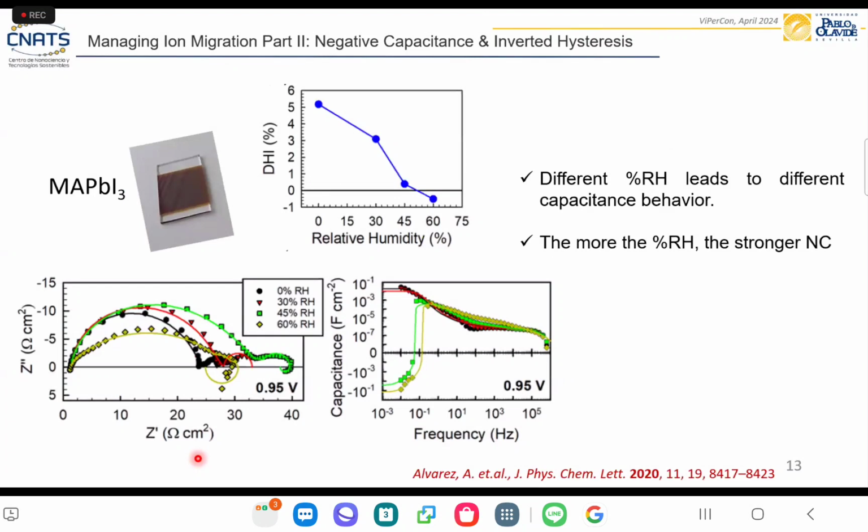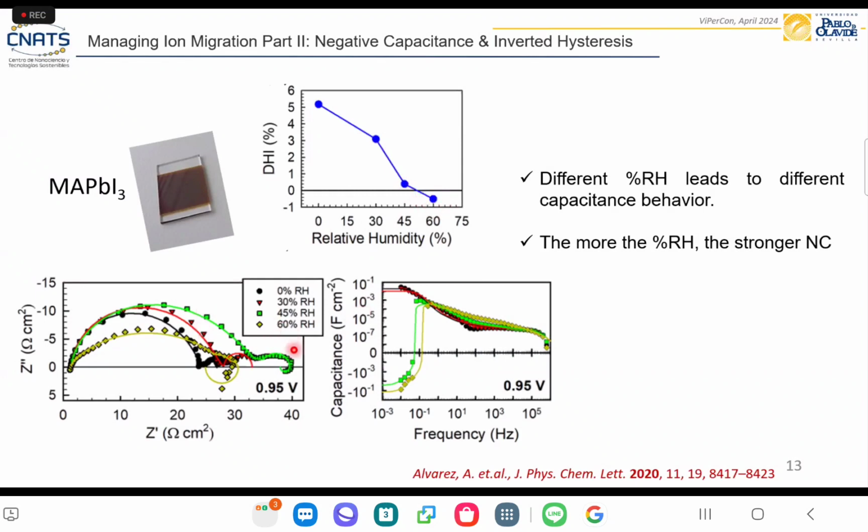And because we know that inverted hysteresis is correlated with bad performance, we exposed our devices to a different relative humidity ambience, because we know water is damaging our perovskites, of course. And as you can see here, when we increase the relative humidity, then we go from a positive hysteresis index to a negative hysteresis index, which means we are evolving from normal hysteresis to inverted hysteresis.